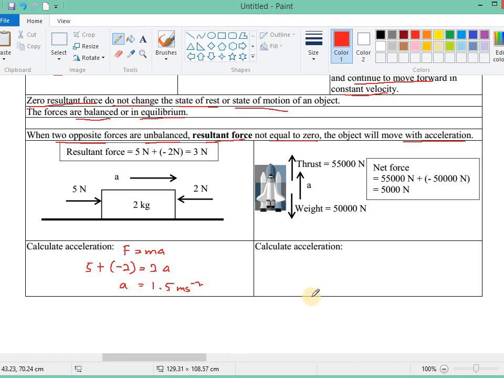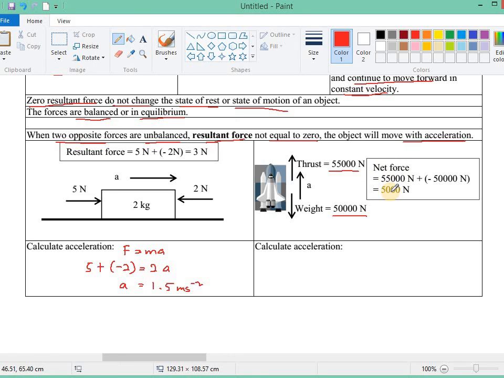Okay, and then this one, we have a rocket. The weight of the rocket is 50,000 Newton. The thrust force going up is 55,000 Newton. So what would be the acceleration? Okay, so here the net force.